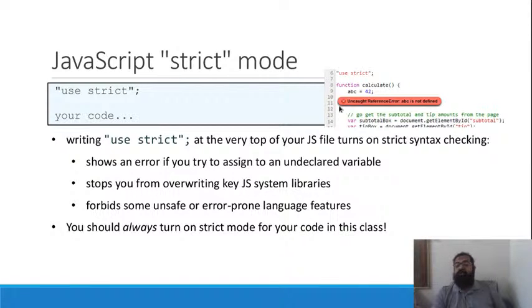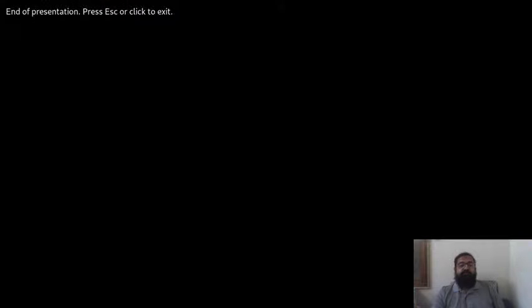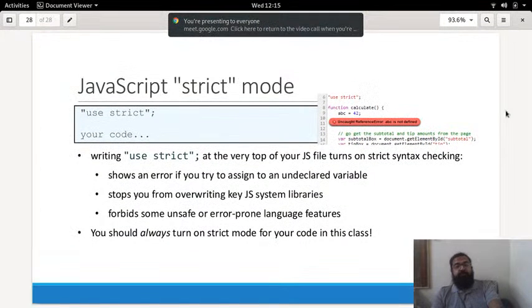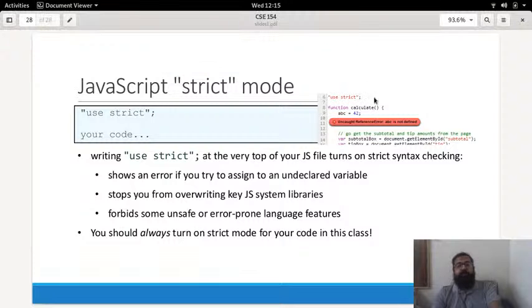It is possible that you assign some key system library a particular value, and it will forbid some unsafe or error-prone language features. So it is always good to have strict mode on when you are using JavaScript. That will let you write very good JavaScript. Okay, so that's slide number 1.